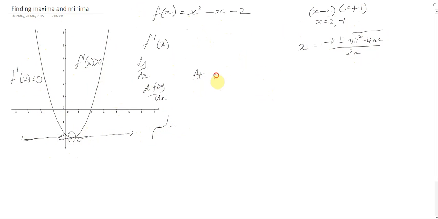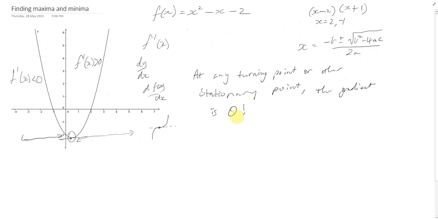So at any turning point, or point of inflection, or other stationary point, the gradient is 0.